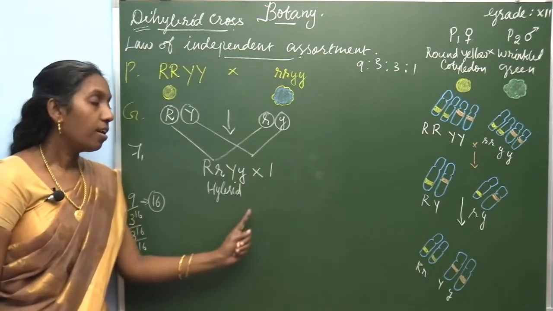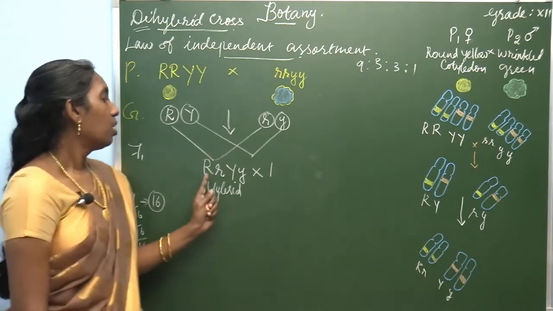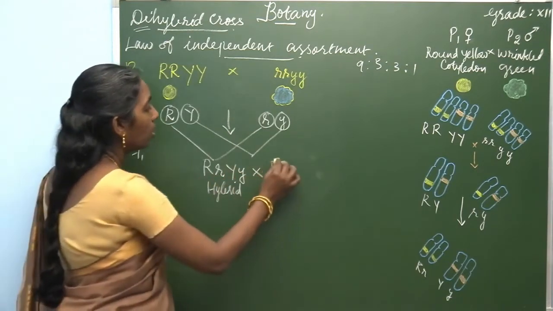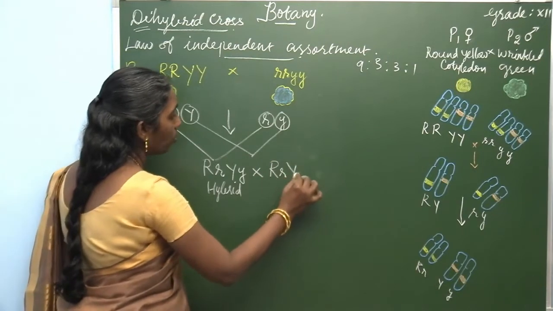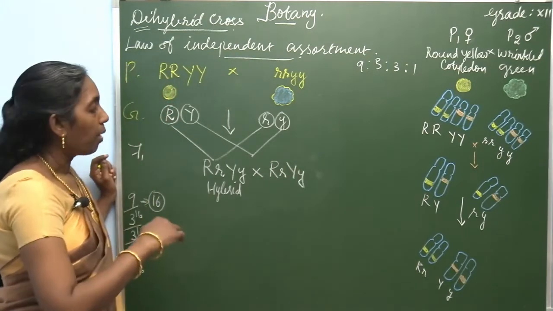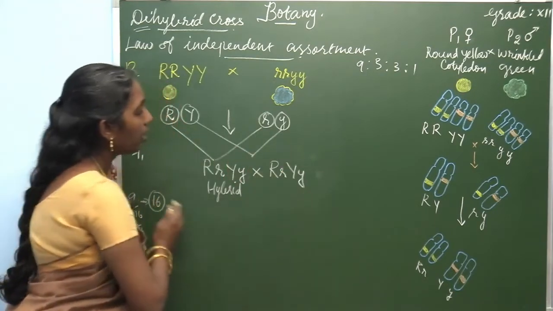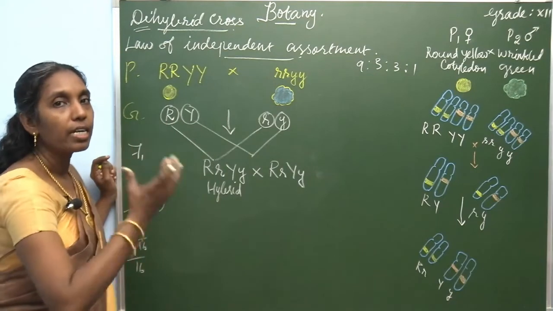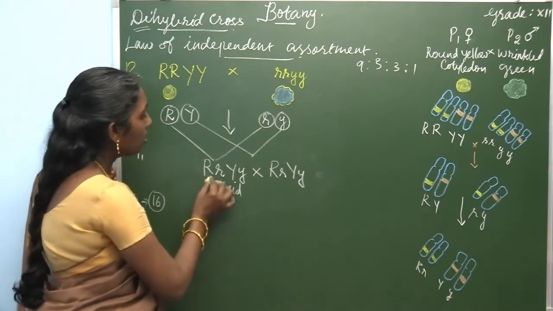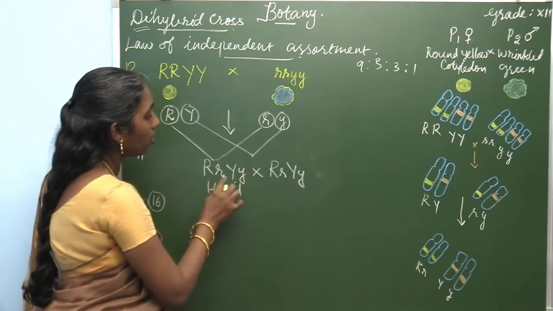The F1 hybrid is self-crossed. So this is the same capital R, capital Y, small y. When you take the gametes out from here, there is the possibility of all combined characters being present. So it produces capital R, capital Y, capital R, small y, small r, capital Y, small r, small y.